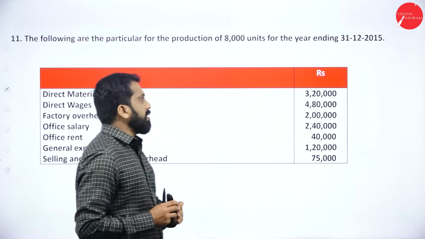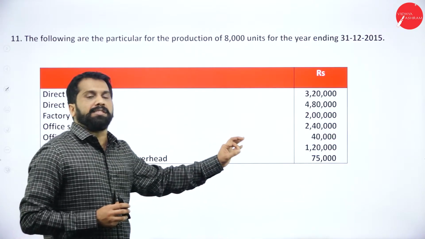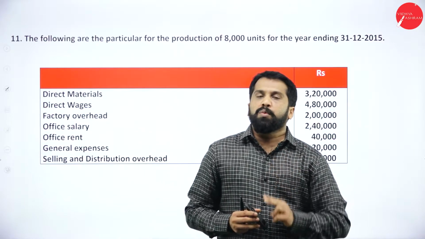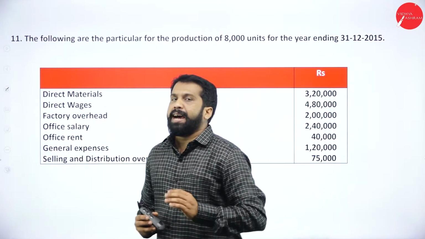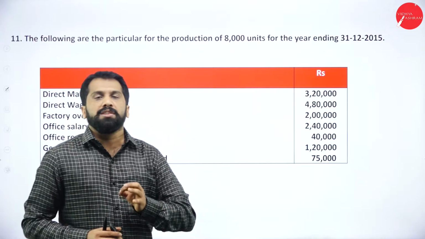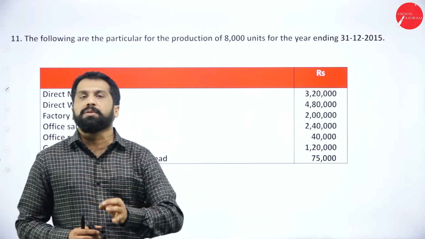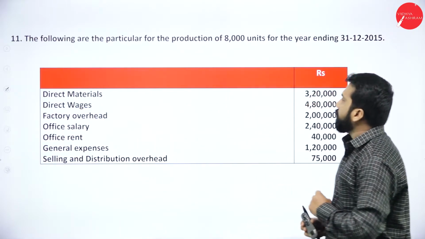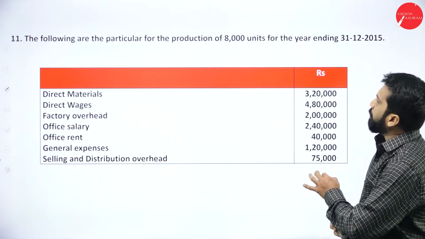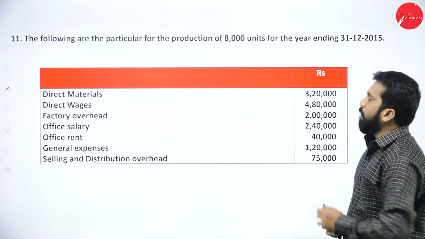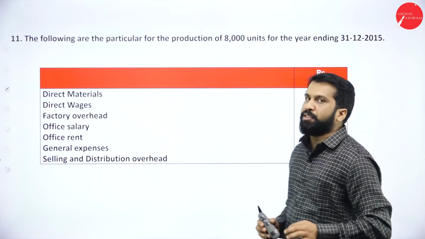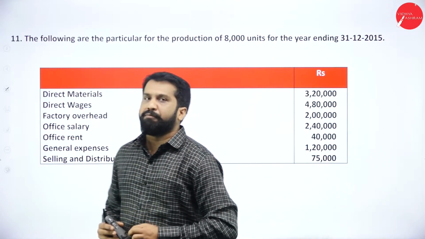Similarly, wherever we get the concept called quotation, you are supposed to prepare 2 cost sheets. One will be your normal cost sheet, and along with the normal cost sheet, you are supposed to prepare one more. That will be your quotation. Now, the following are the particulars for the production of 8,000 units for the year ending 31st December 2015.